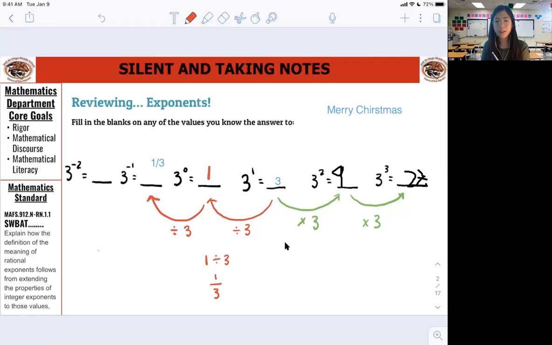And in fact, if you put it into your calculator and you try to do 1 divided by 3, you're going to get 0.33333, which is just the decimal version of the fraction, which is 1/3. So whoever put that in, that is correct. It is going to be 1/3. Do it one more time now.